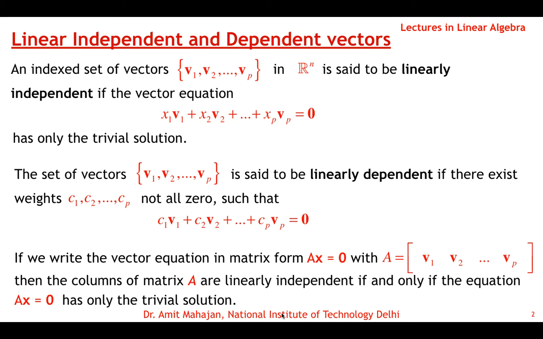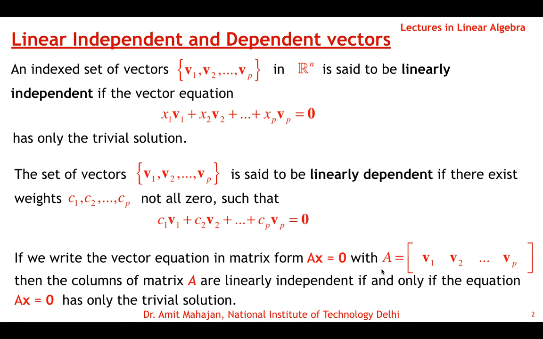Now when will a homogeneous system have only the trivial solution? If you remember, when we solve a homogeneous system, it will end up with only the trivial solution if the corresponding augmented matrix has no free variable, or all the columns of the matrix are pivot columns, so there is no non-pivot column.